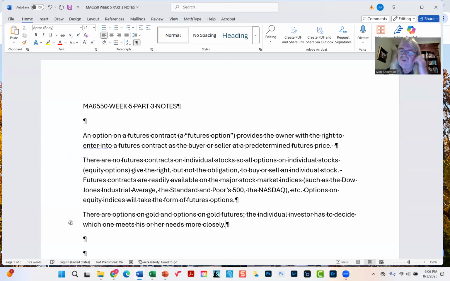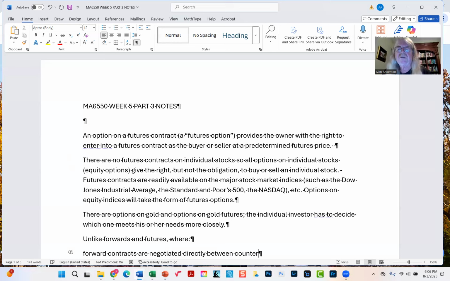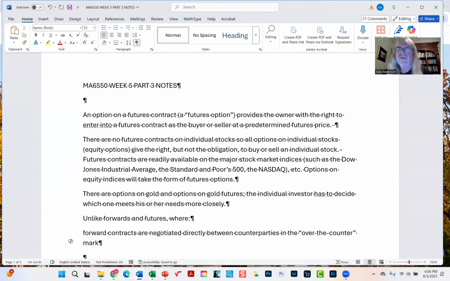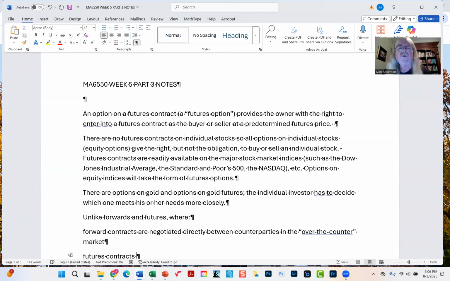So now what's interesting here too is that unlike forwards and futures, where if you remember forward contracts are negotiated directly between counterparties in the over-the-counter market, as it's called, futures contracts are only available through organized exchanges such as, as we saw earlier, the Chicago Mercantile Exchange, although it's not the only one.